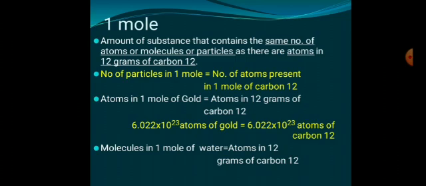So whatever number of particles present in 1 mole is always equal to the number of atoms present in 12 grams of carbon 12. So atoms in 1 mole of gold will be equal to atoms in 12 grams of carbon 12. Carbon 12 is taken as a reference atom.